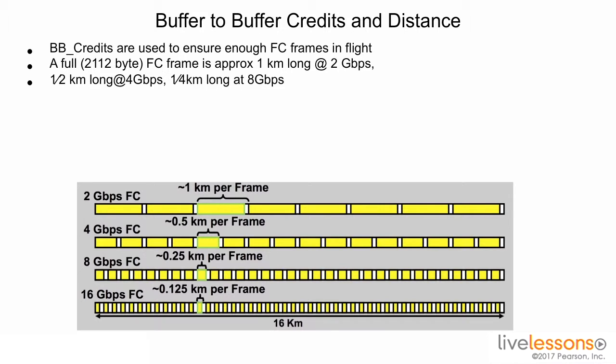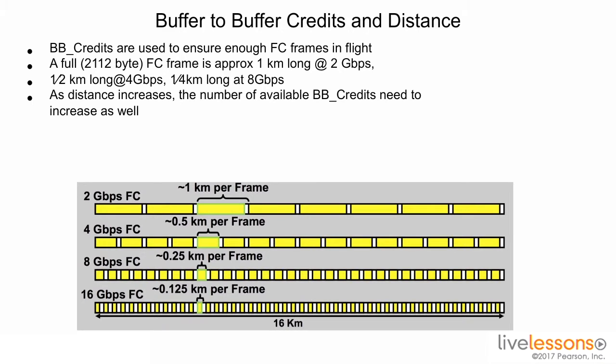For instance, a full Fibre Channel frame is approximately 1 kilometer long at 2 gigabits per second, about 1/2 kilometer long at 4 gigabits per second, and 1/4 kilometer long at 8 gigabits per second. So as the distance increases, the number of available buffer-to-buffer credits needs to increase as well.